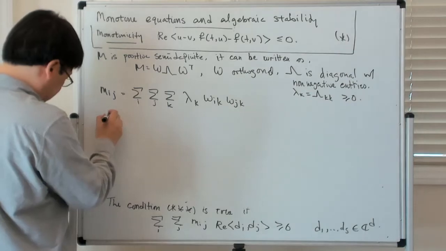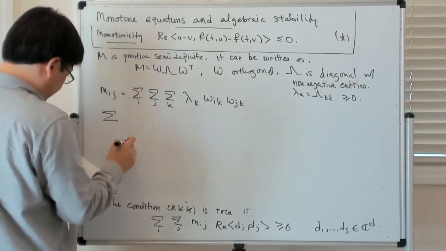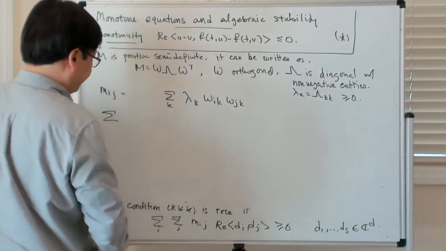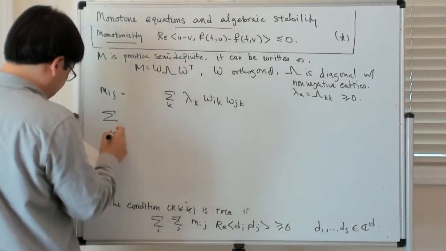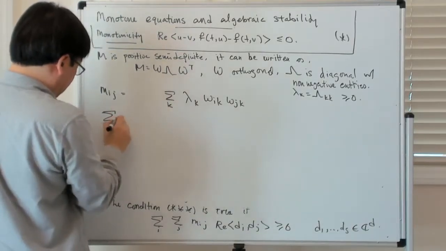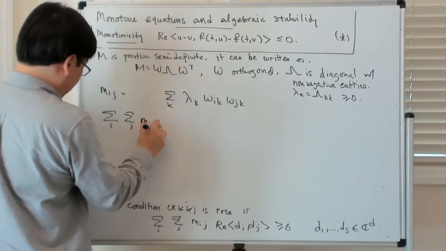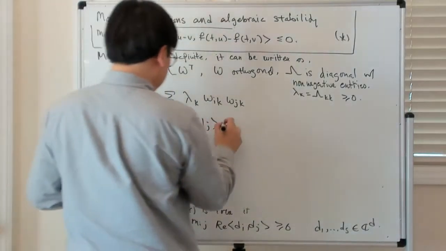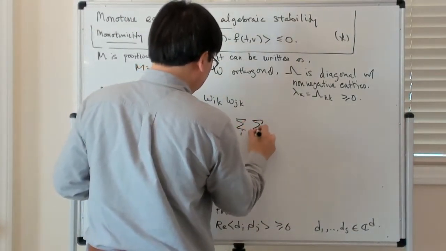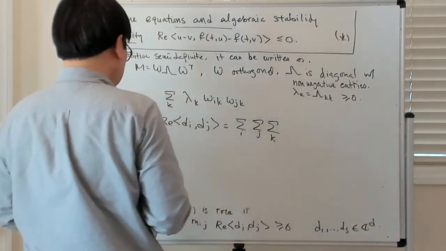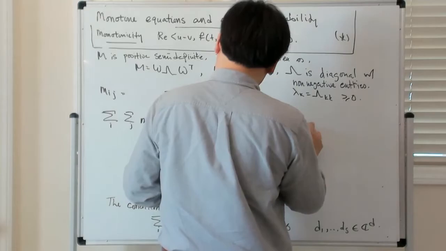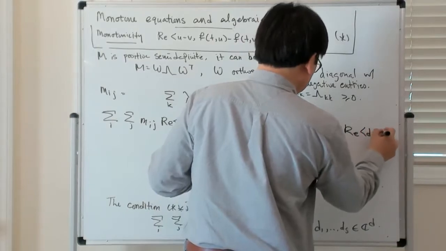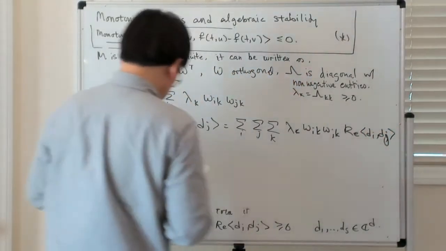So m_ij is this, right? And then the sum over i and j of m_ij, the real part of the inner product between d_i and d_j, is equal to the sum over i, j, and k of lambda_k w_ik w_jk, real part of ⟨d_i, d_j⟩.